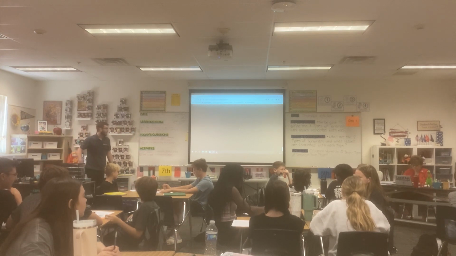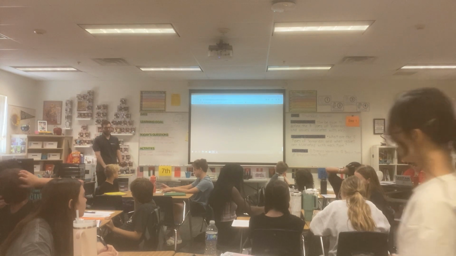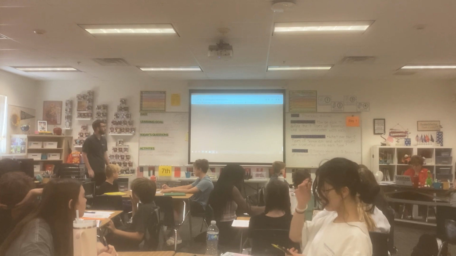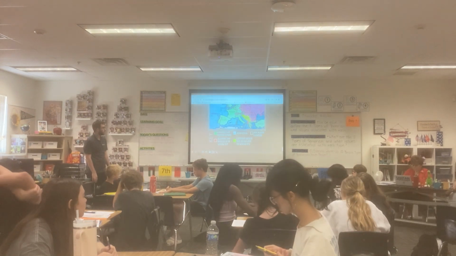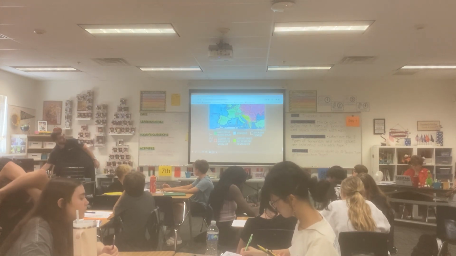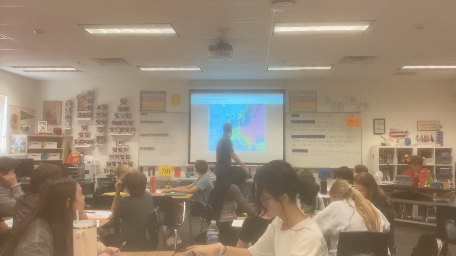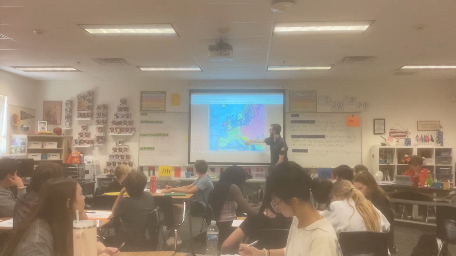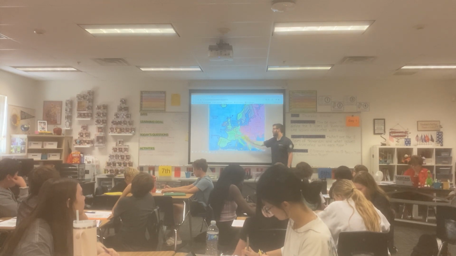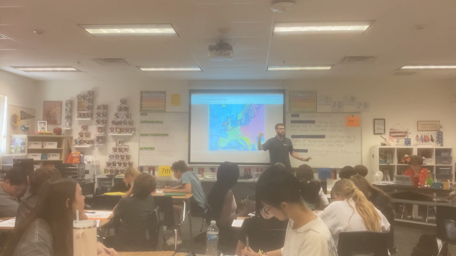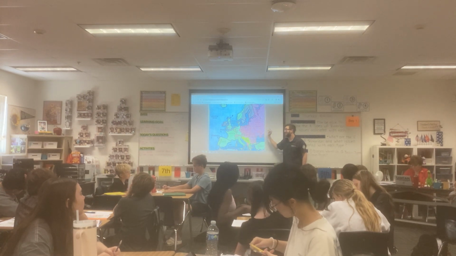So what the Iron Curtain is, I'm going to give you a little bit of precursor before I have you guys read this. What that Iron Curtain is, you guys put it on your map right there, was that red dotted line. What do you notice about the countries to the east of the red dotted line?